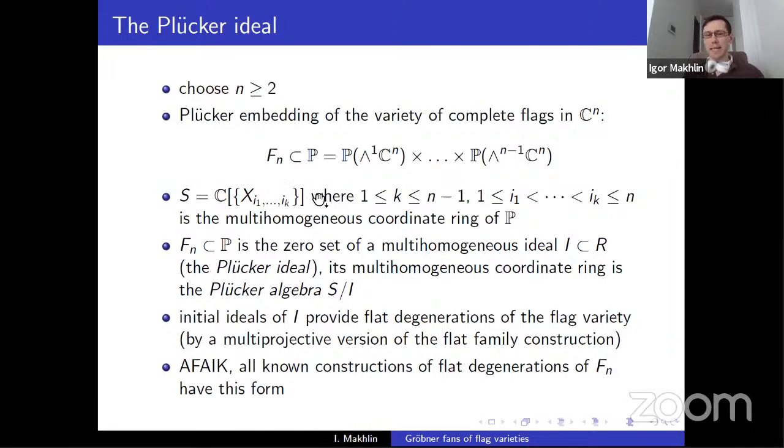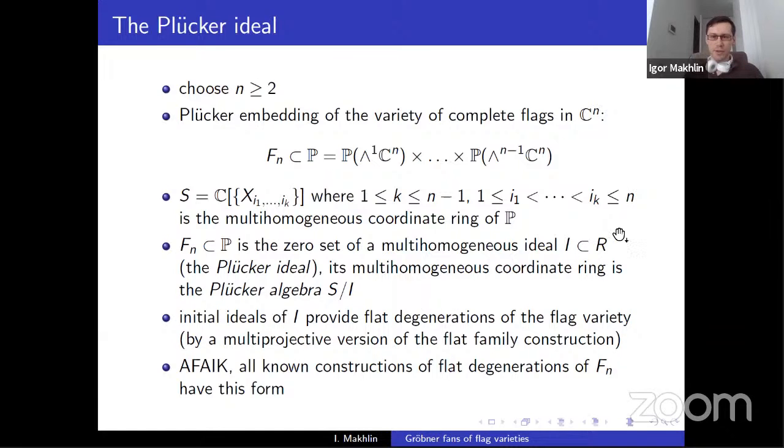And subvarieties in this product P are defined by multi-homogeneous ideals in this polynomial ring. So there must be some specific ideal corresponding to our subvariety Fn, the flag variety, and this is known as the Plücker ideal, or sometimes the ideal of Plücker relations. I will just denote it I. This is the Plücker ideal. Oh, sorry, this should be S here.